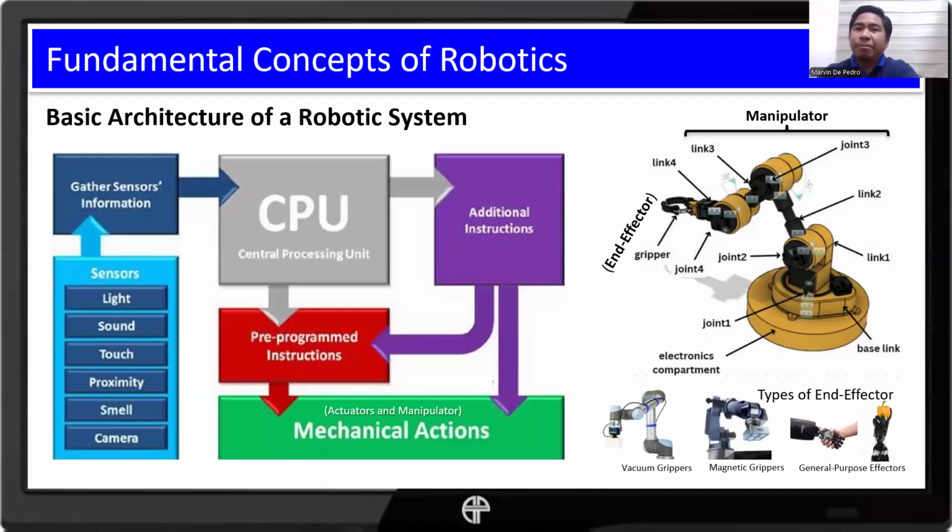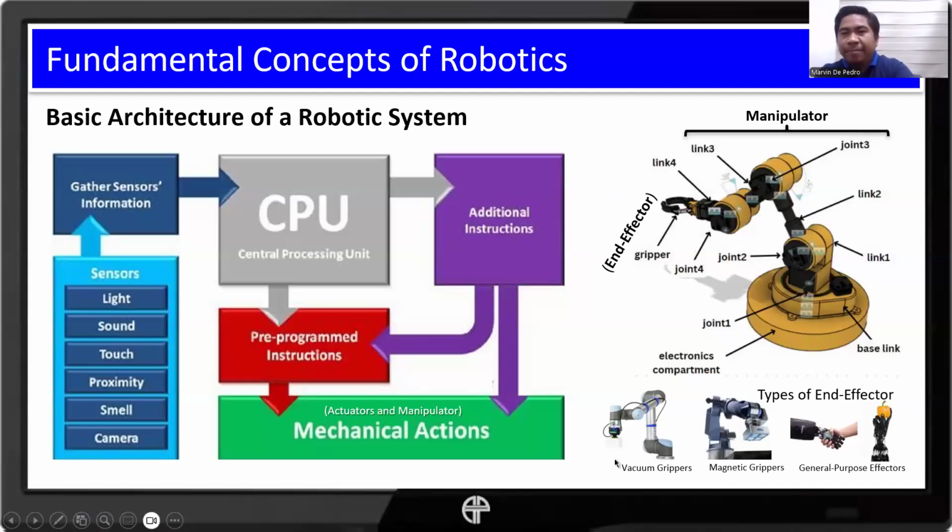The links actually join the two adjacent joints of a robot. So the joints basically are motors that allow the turning of the links, right?